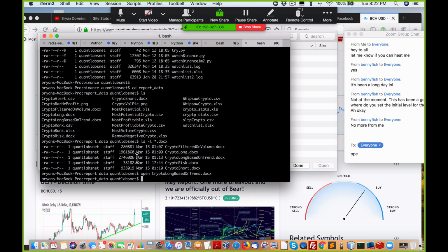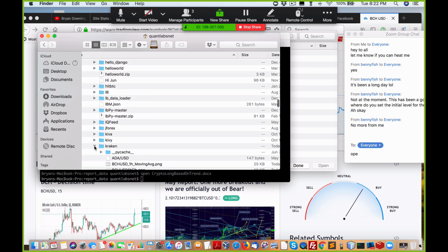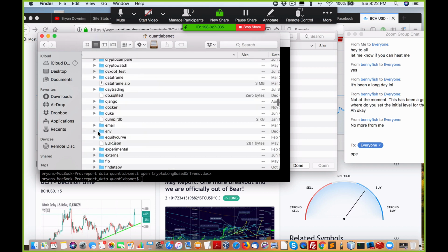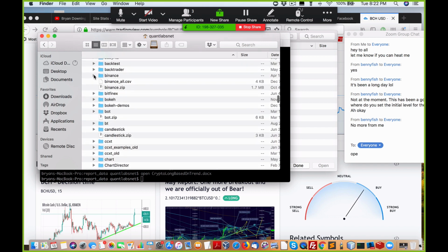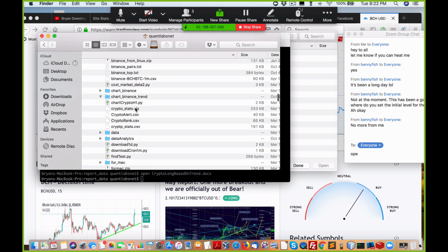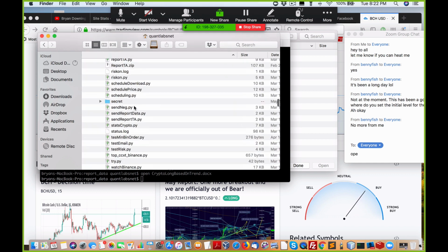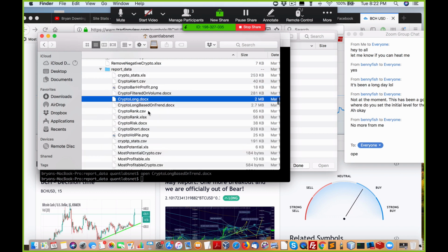Okay, let me go the other way. It's going to come in here. This is from Binance a few months ago, just as an example. So it's going to get to the right directory right here. Okay, I'm going to show you a smaller one. Let me just show you this one.